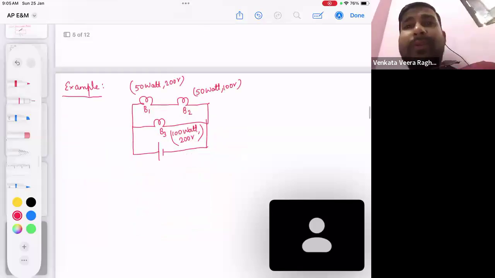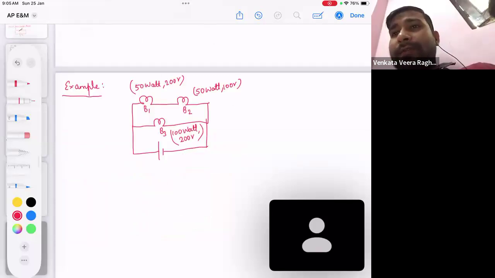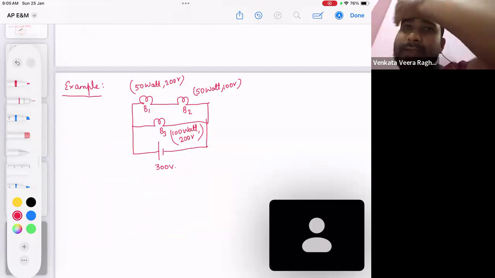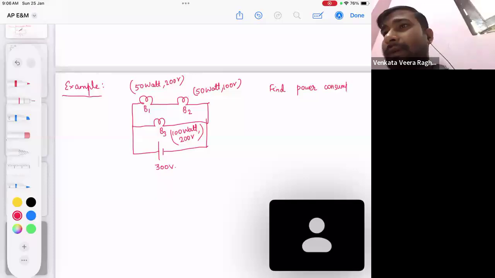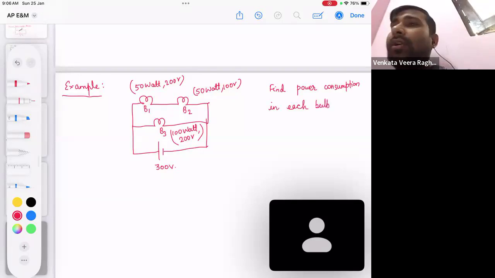And we are going to connect a battery of 300 volt here. Internal resistance of the cell is 0. Now find the power consumption in each bulb, how much it is going to be.